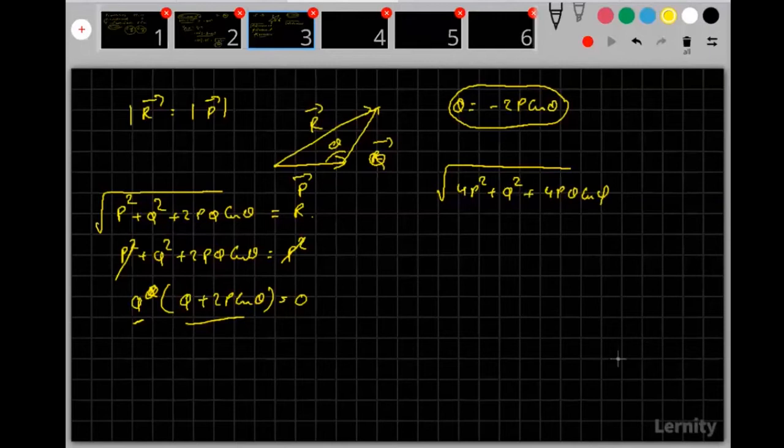They're asking for tan alpha, the angle that the resultant makes.